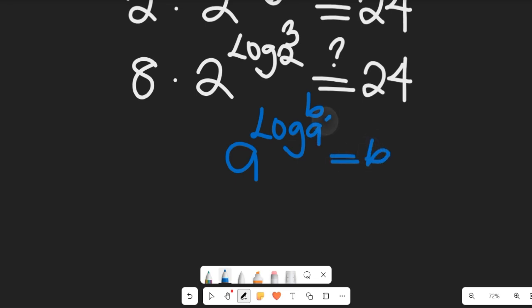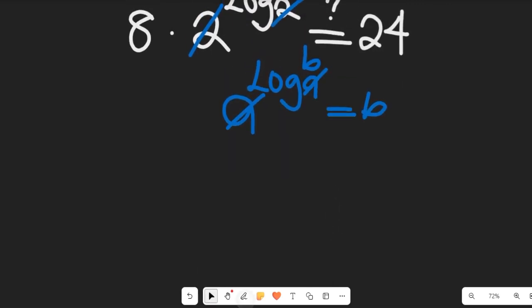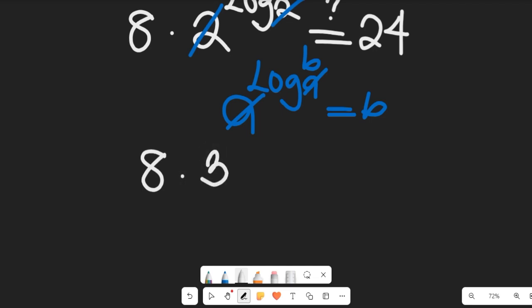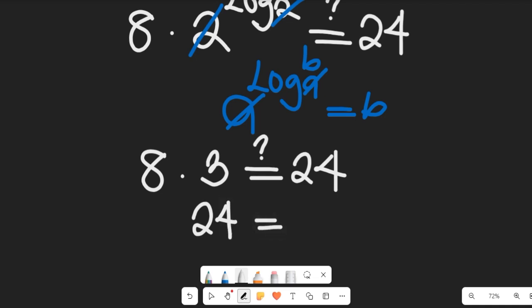Why? Because a will cancel out a. Now, if I apply it here, we'll see that 2 will cancel out 2, and I will be left with what? I will be left with 8 multiplying 3, right? Now, will this be equal to 24? Of course, 8 times 3 will give us 24. So 24 is equal to 24 on the right hand side.